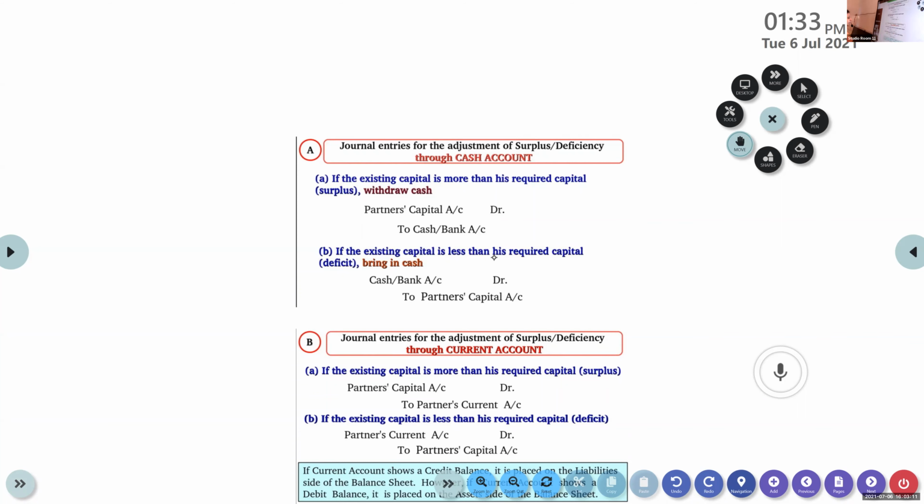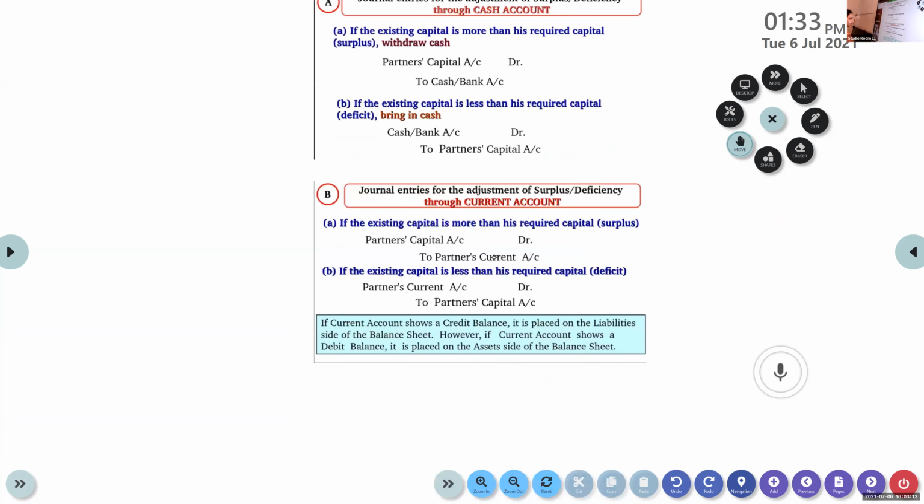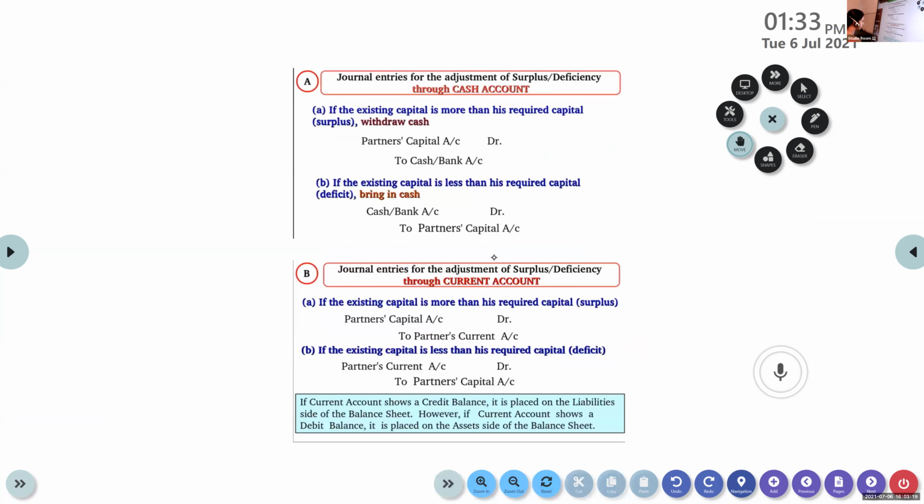If the existing capital is more than his required capital, so that is a surplus, and that is taken to partners current account. Partners capital account debit to partners current account. This is the adjustment through current account.